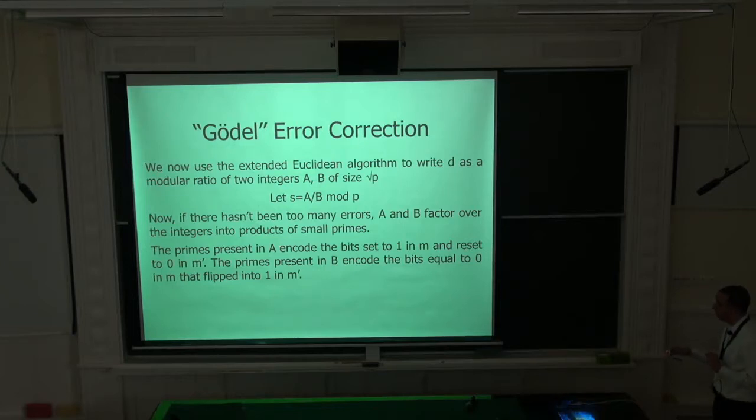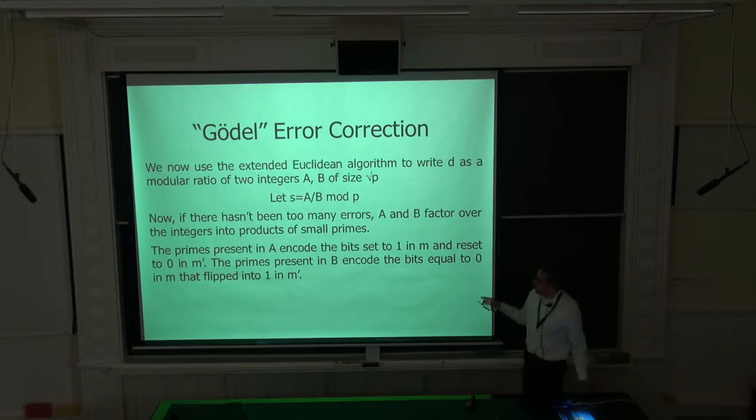If I find some primes in A, these are bits that were set to 1 in M and were reset during the transmission, and if I find primes in B, then these are bits that were 0 and flipped into 1. So I can understand what those bits are.